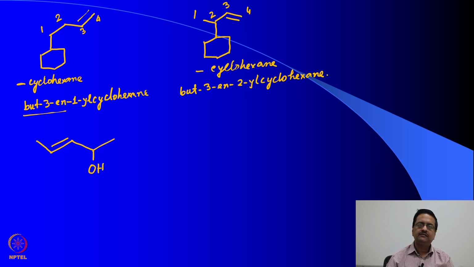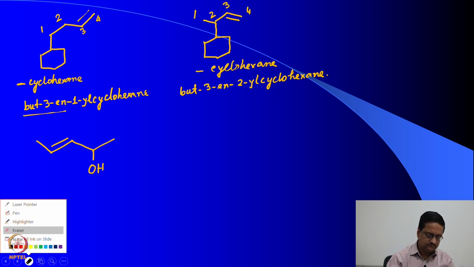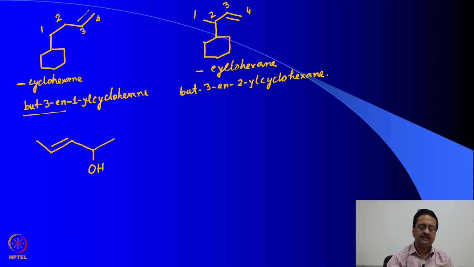So, what should be the name of this compound? We should start numbering in such a way that the hydroxyl group, which is a higher priority group, gets the lower numbering. We should start numbering this molecule from the right hand side such that the oxygen gets the priority number, and the atoms are numbered 2, 3, 4 and 5.